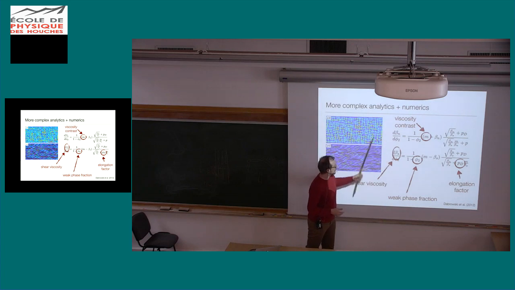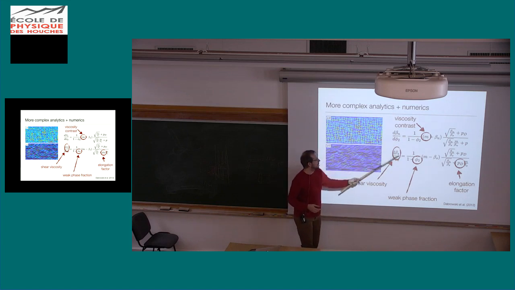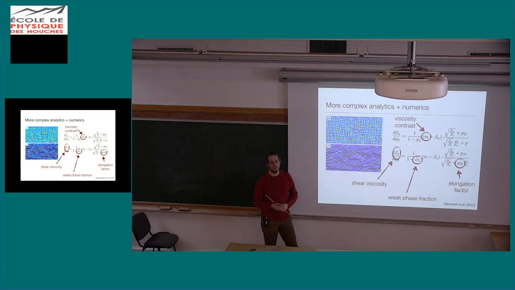equations. So it's a coupled system of differential equations where you have the viscosity contrast here, the weak phase fraction here, an elongation factor, and here you have the viscosity. This is the shear viscosity, and this is the normal viscosity, normalized with the viscosity of the host rock. I'm just going to look at this for now.